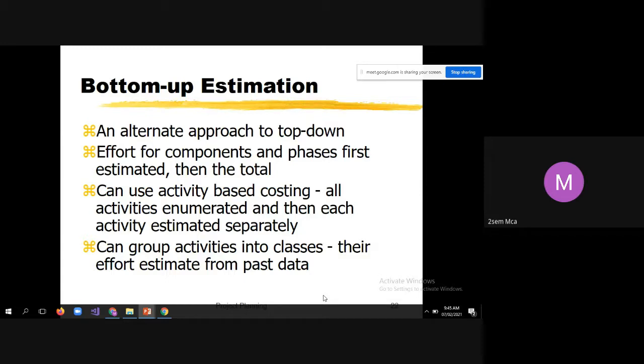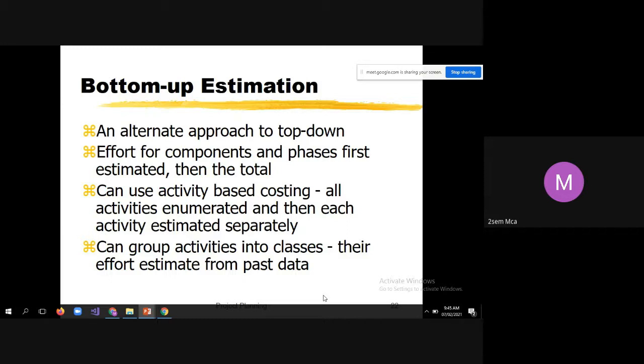That means all the activities are enumerated and then each activity is estimated separately. So what are the activities involved? Say for example, requirements is one activity, preparing the design document is one activity, writing the source code is one activity, then testing is another activity.